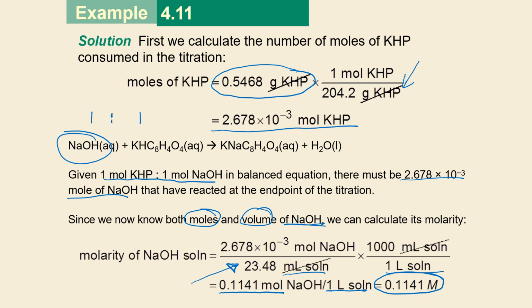We converted grams of KHP to moles of KHP. We used the balanced reaction, determined how many moles of NaOH were consumed. Then we used the volume originally given in the problem to get at the molarity. And now we have done something called standardizing our unknown solution, which is finding the molarity of our unknown base. That's a really important thing because it can actually be hard in lab to get a very accurate molarity by just measuring sometimes.